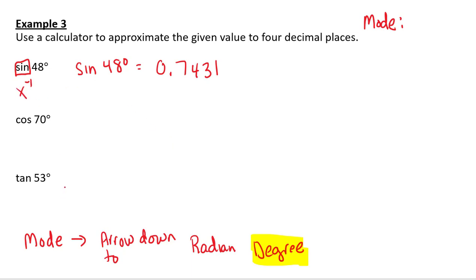Cosine. It's the button that's sitting right next to the sine button. Cosine of 70 degrees. That is 0.342. And then tangent is the button that's to the right of the cosine button.